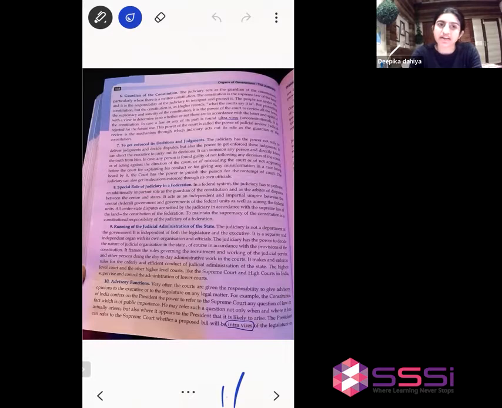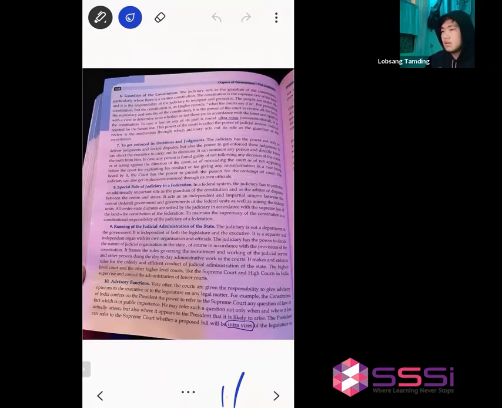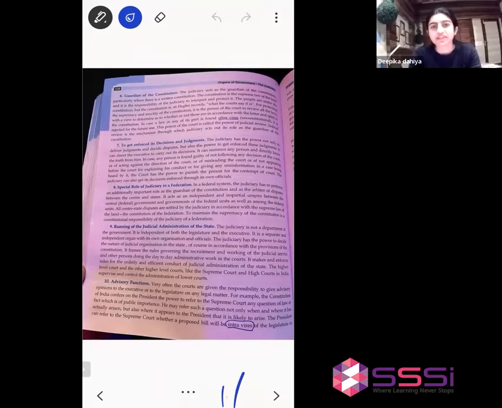And what is a federation, a federal setup? A federal system is a system where there are multiple levels of government. For example, you have the central government, then you have the state governments. You have a multi-tier structure.